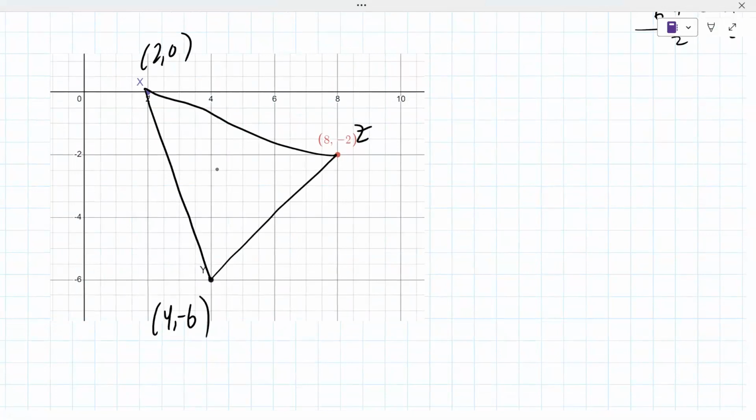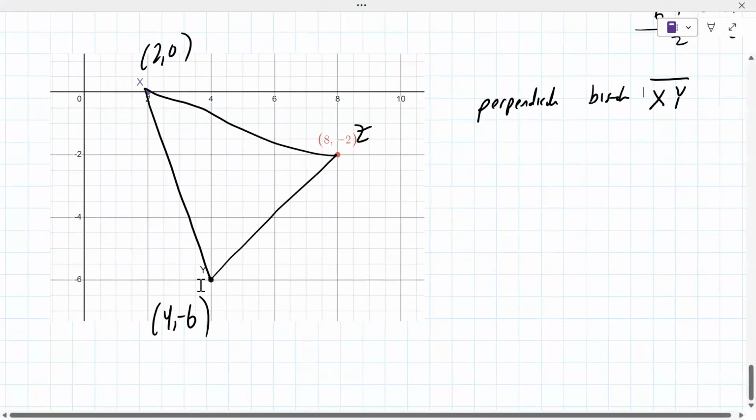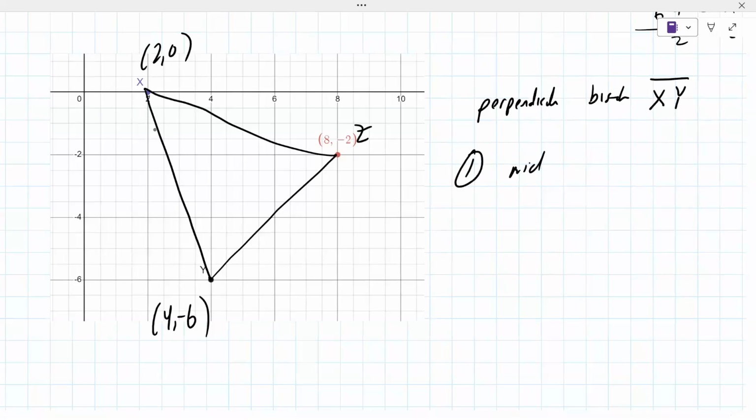We want to find the perpendicular bisector between X and Y. Again, notice that X and Y are vertices. You first determine the midpoint of X and Y. I'd like you to do that for us, please.